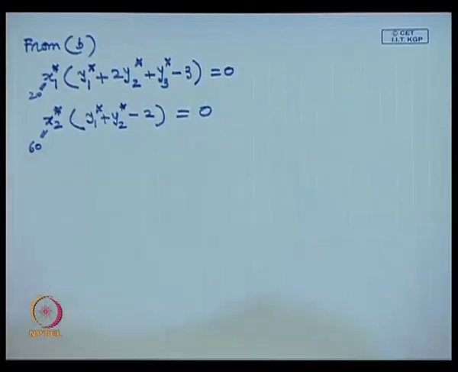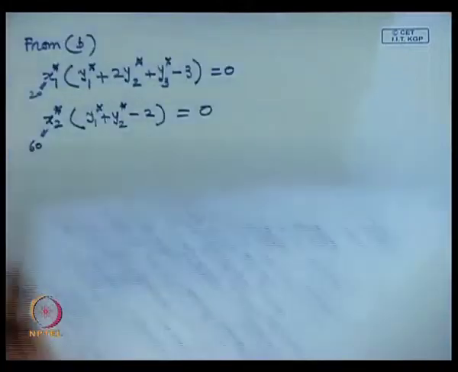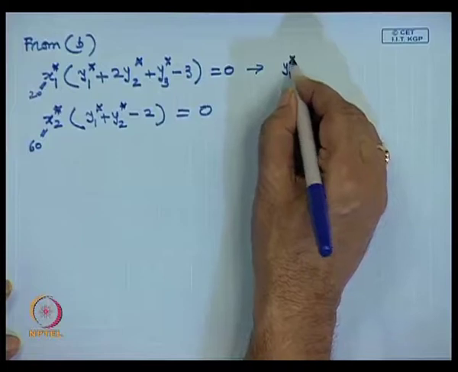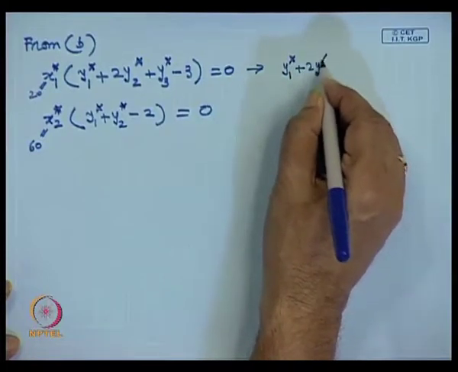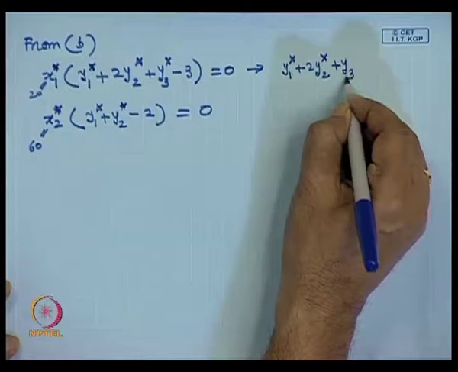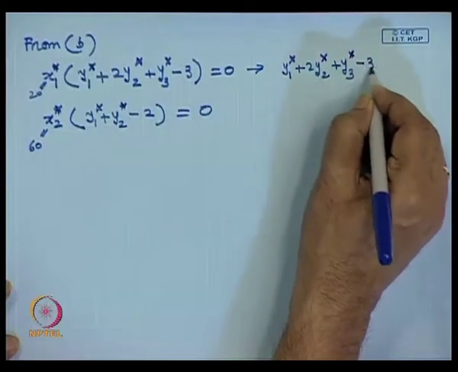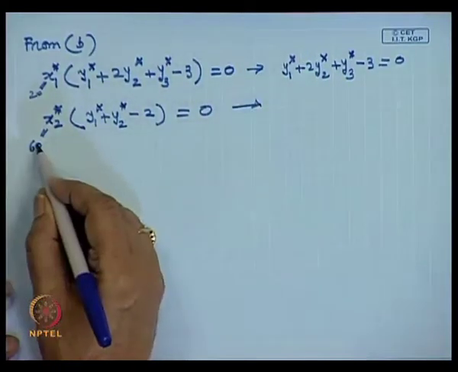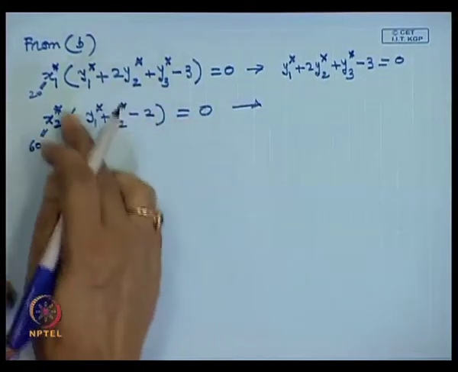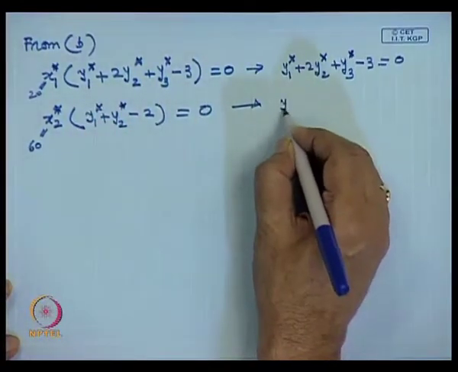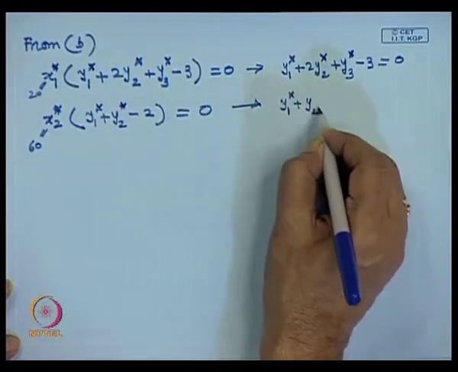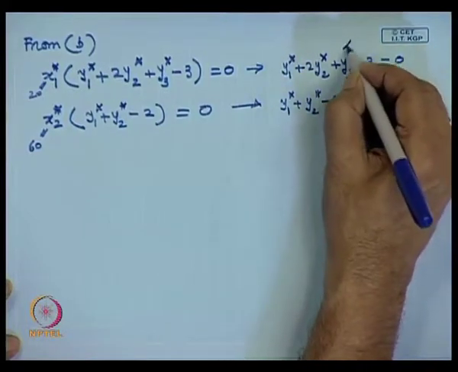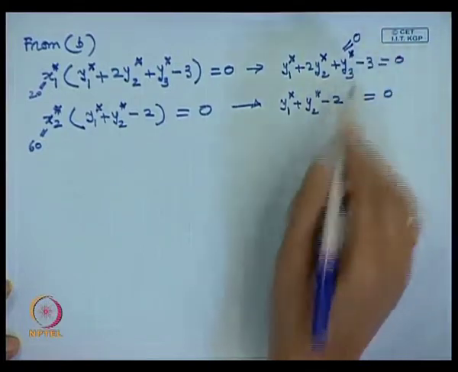The solution of this problem is given as 20 and 60. So this implies that y1 star plus twice y2 star plus y3 star minus 3 is equal to 0. Since it is 60, this must be 0: y1 star plus y2 star minus 2 is equal to 0. Now, this value we found from condition A is 0.